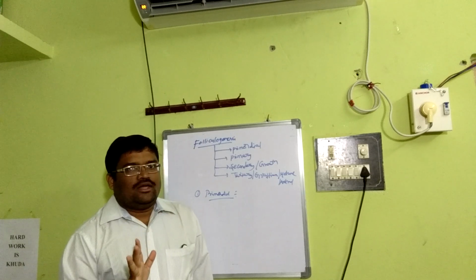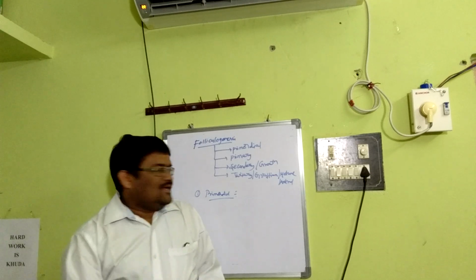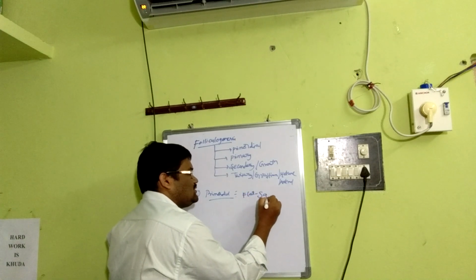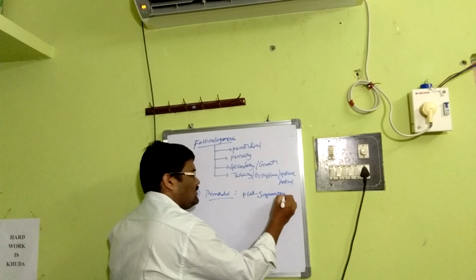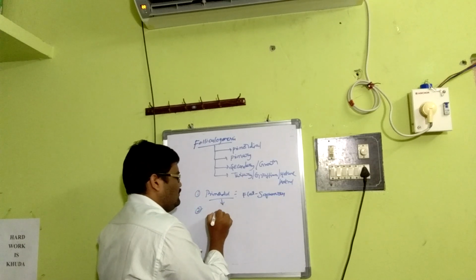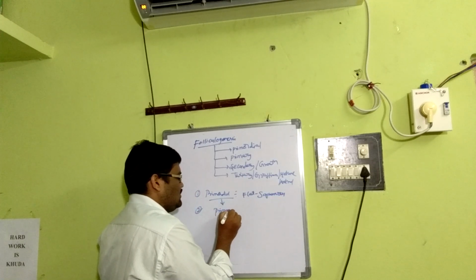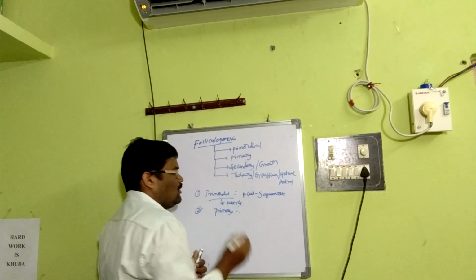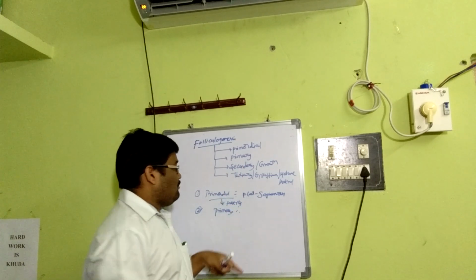This is very important. When puberty is attained, this primordial follicle, which has flat squamous cells, becomes the primary follicle. What is the distinction between the primordial and primary?